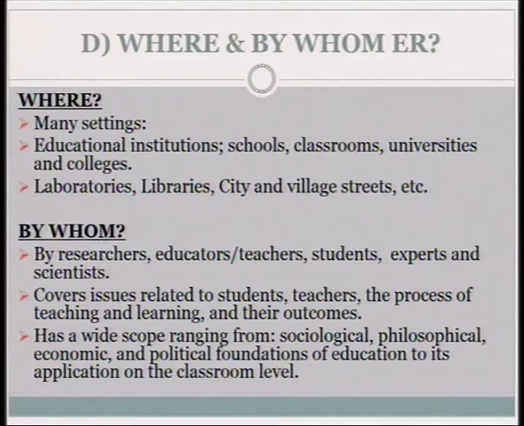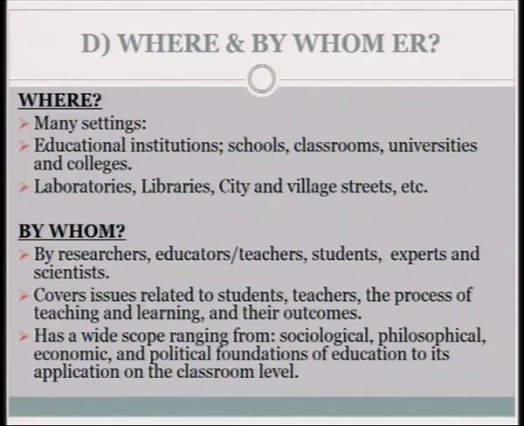And it covers issues related to students, teachers, and the process of teaching and learning. So educational research can be done by all those people that want to cover issues related to education, including students, teachers, and the process of teaching and learning in schools, and the outcomes. So anybody can do research.